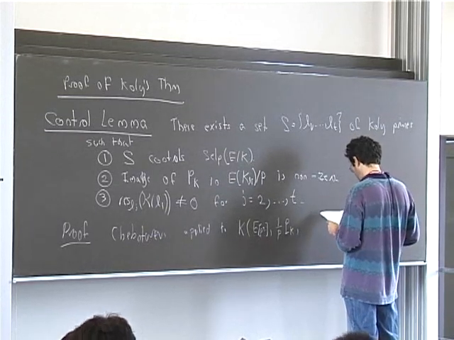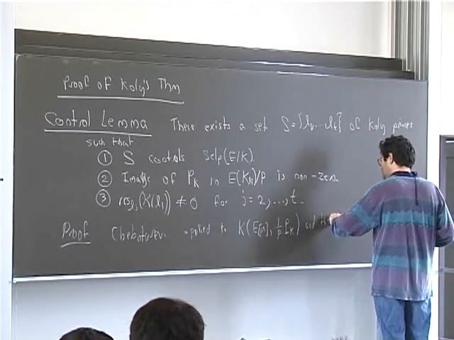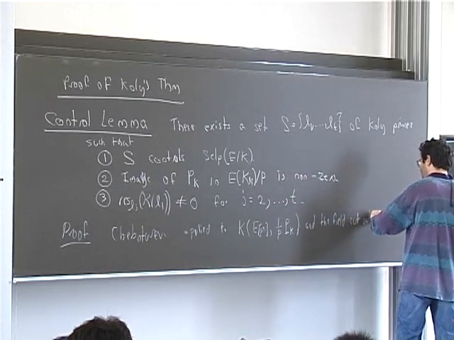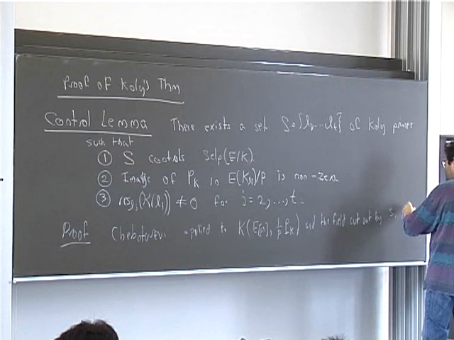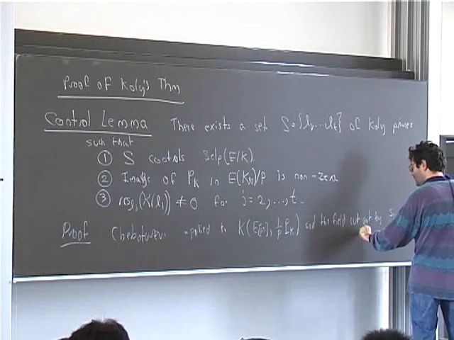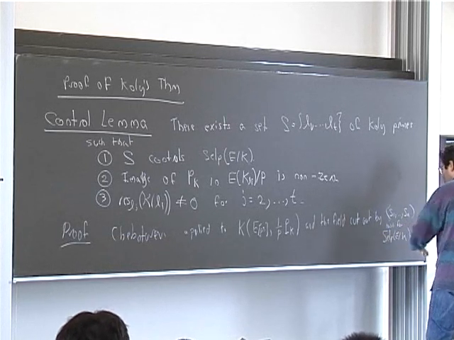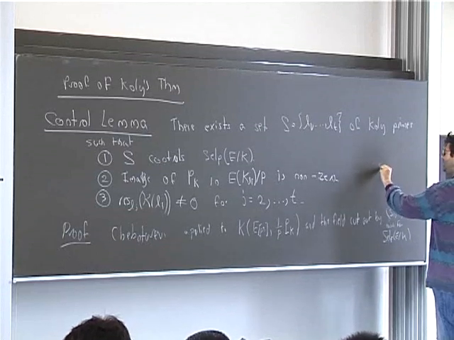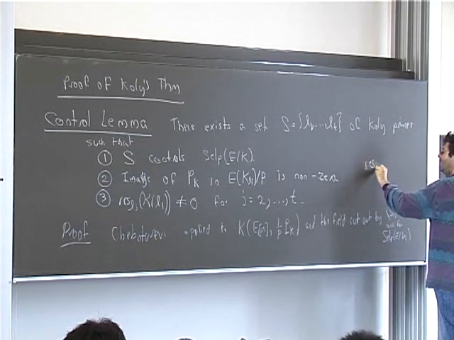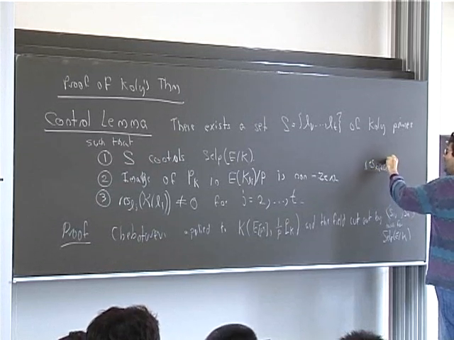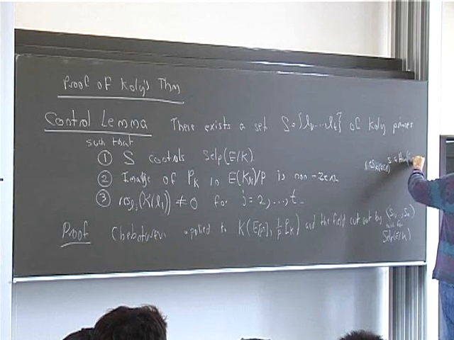And what else do I need? The field which is cut out by the following: I choose a basis as F_p vector spaces, s_1 up to s_m, a basis for the p-Selmer group of E over K. You see, if I have an element in the p-Selmer group of E over K, I can think of these by restricting them to the extension that I get by adjoining the p-torsion points of E. So if I look at the restriction to K(E[p]) of these s's, these are elements in Hom of the Galois group of K(E[p]) into E[p].